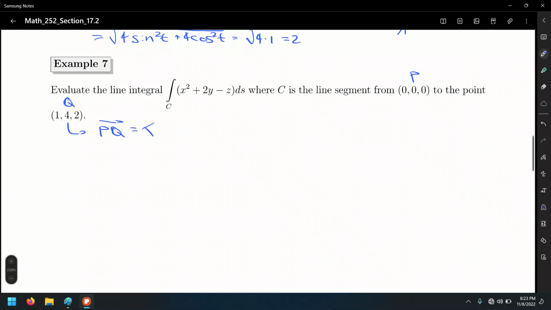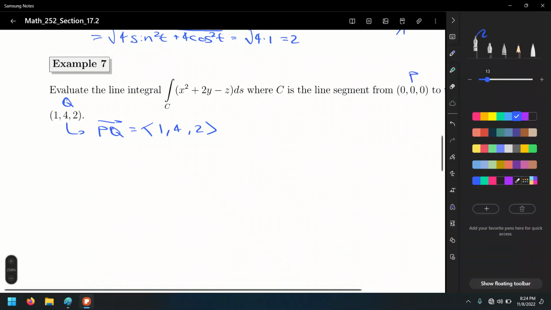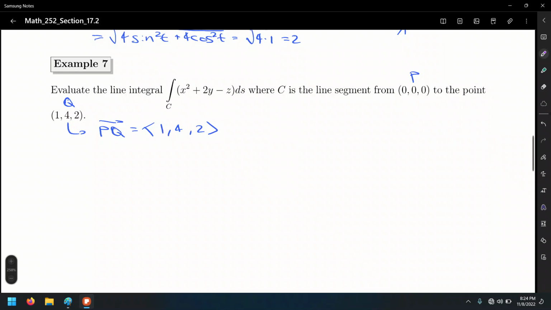That's terminal minus initial: 1 minus 0, which is 1, 4 minus 0, which is 4, and 2 minus 0, which is 2. So that's our vector 1, 4, 2. And to find the parametric equations, recall that the x component is the delta x, the y component is the delta y, and the delta z is the z component of this vector.